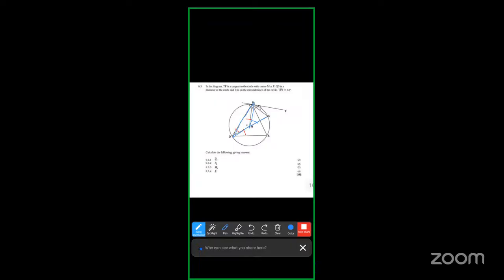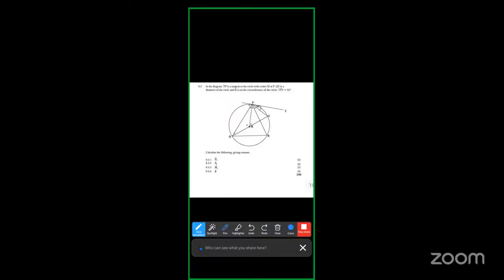It's going to be the sum of those interior opposite angles. That is still going to be correct, meaning our M1 is just going to be that 32 plus 32 degrees. Do you get it? Yes, sir. Thank you. The reason being the exterior angle of a triangle is equal to the sum of interior opposite angles.